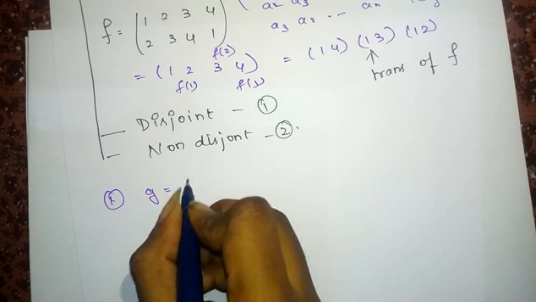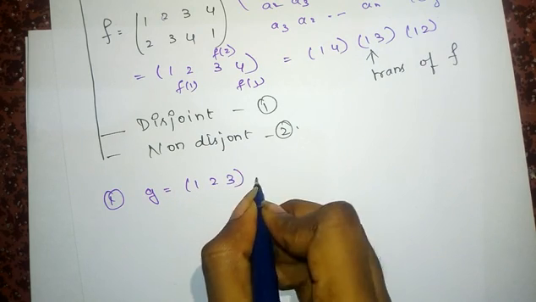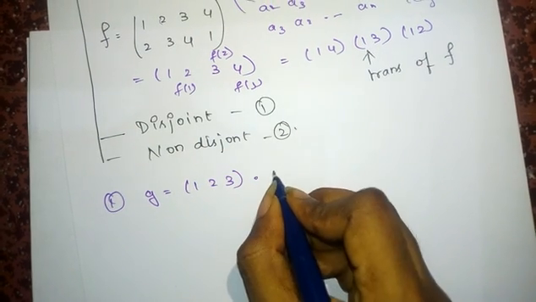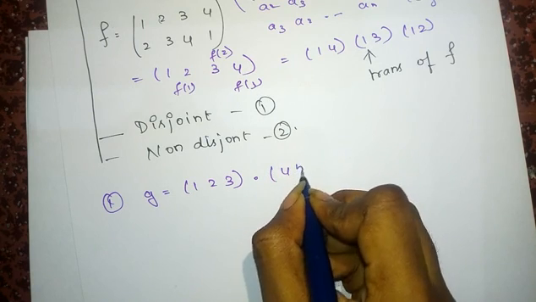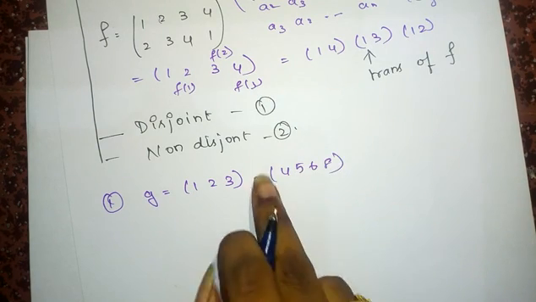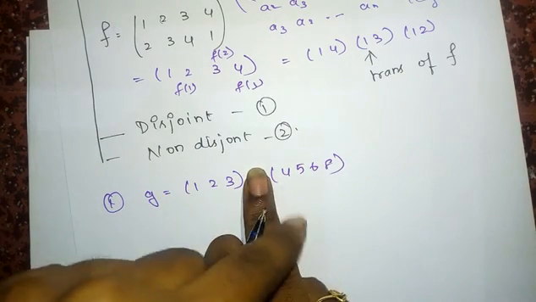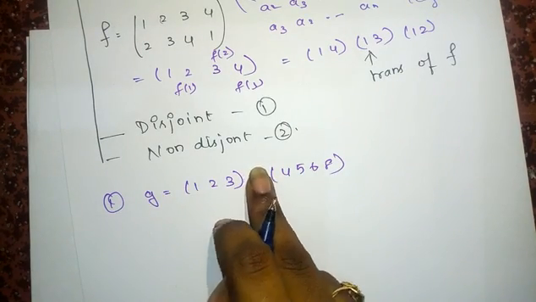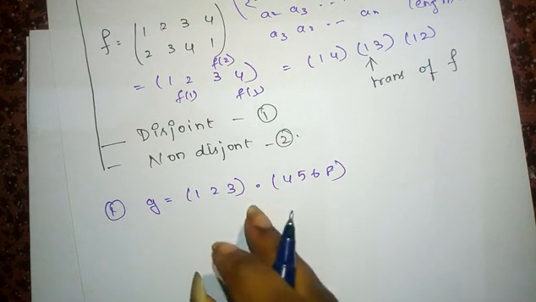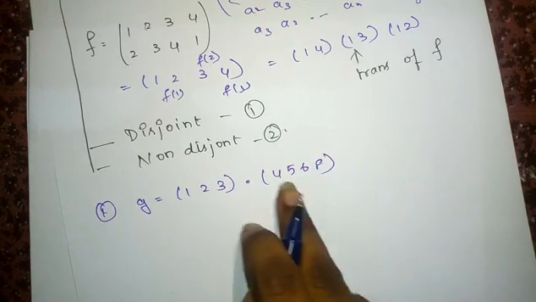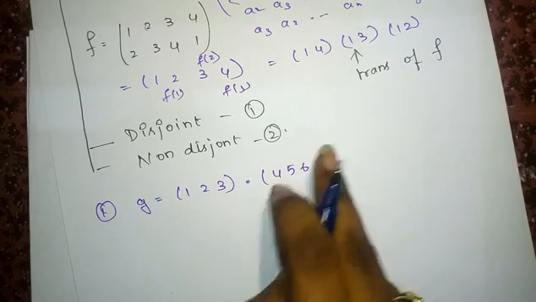Take G to be (1, 2, 3) composed with (4, 5, 6, 8). You don't have to put the composition symbol here; it is just the bracket 1, 2, 3 and one more bracket 4, 5, 6, 8. This is of course disjoint because there is no element common in these two brackets.